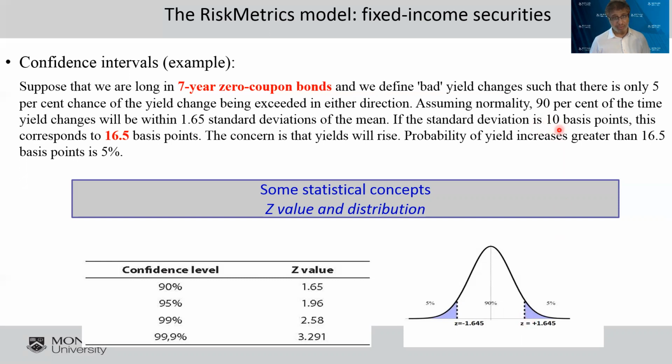Now I can transfer this to percentages, which means how much the yield can change with this confidence. I just give you an example: for 90% it is 1.65, then 1.96, 2.58, and we are talking about two tails.